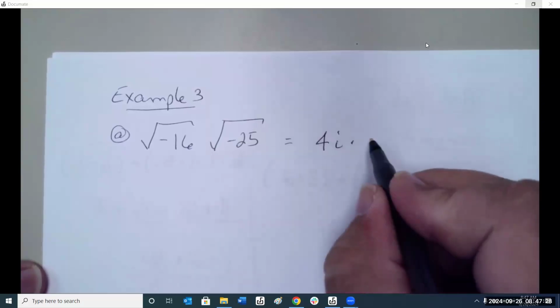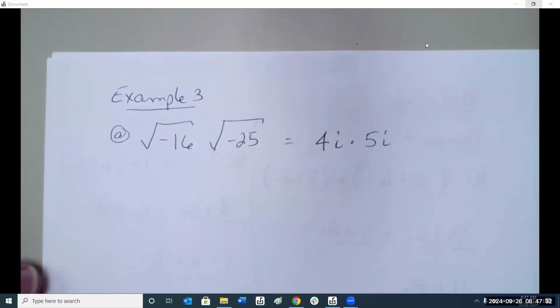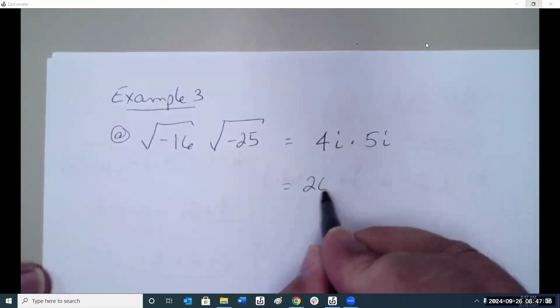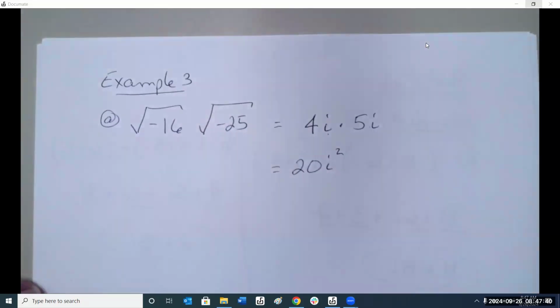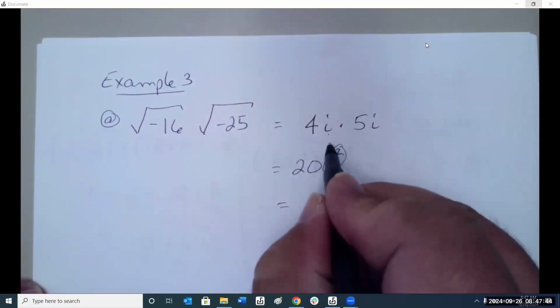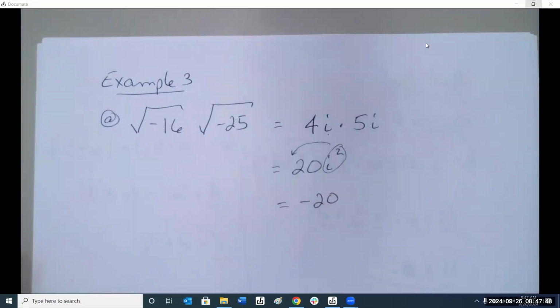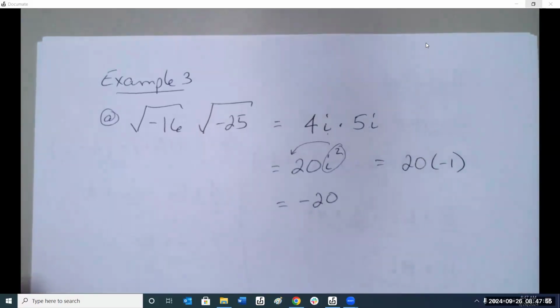Square root of negative 25, 5i. So 4 times 5 is 20. i times i is i squared. So basically what the i squared does is change the sign of the coefficient in front of it. Because it becomes 20 times negative 1, which makes it negative 20.